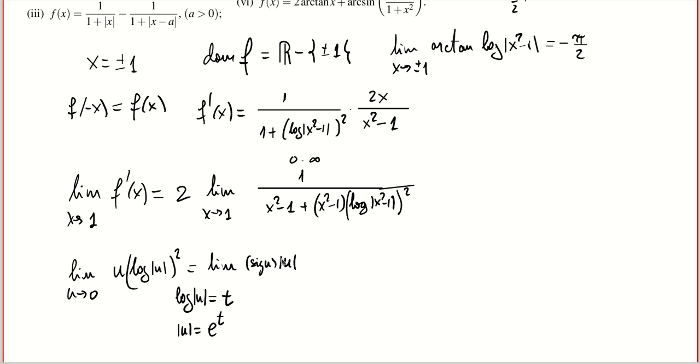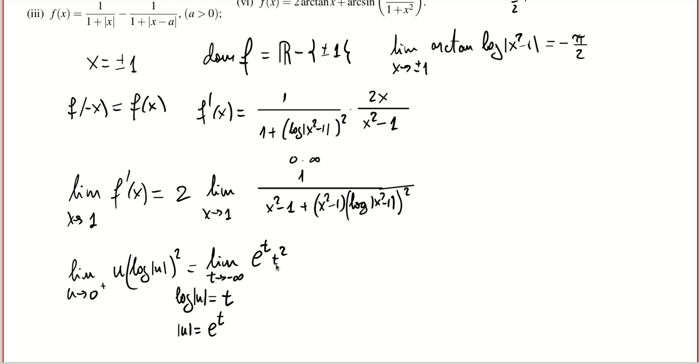So that is the sign of u. Well, it means on the right and on the left the limit is different. So let me distinguish, right? Let me calculate this first on the right. If we are on the right, then u is positive, so it's equal to the absolute value. So what we have is the limit when t goes to minus infinity, because when u goes to 0, t goes to minus infinity, of e to the t times t squared, right?